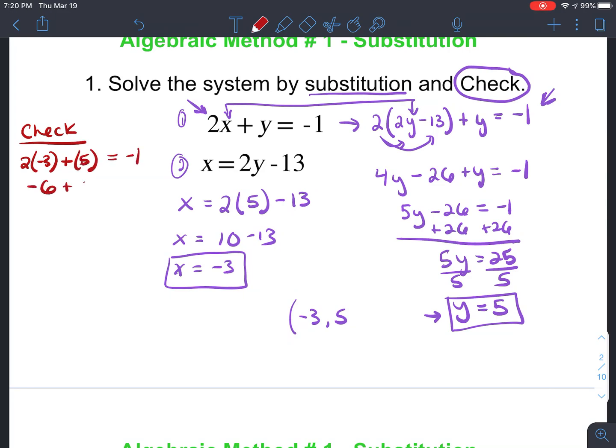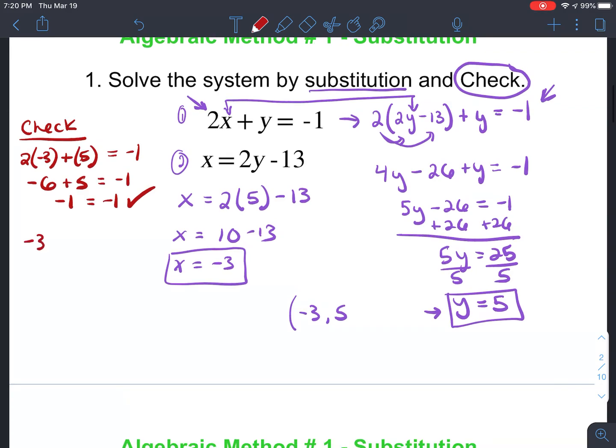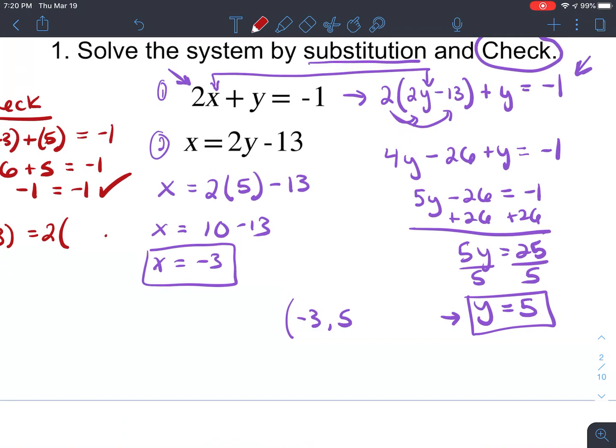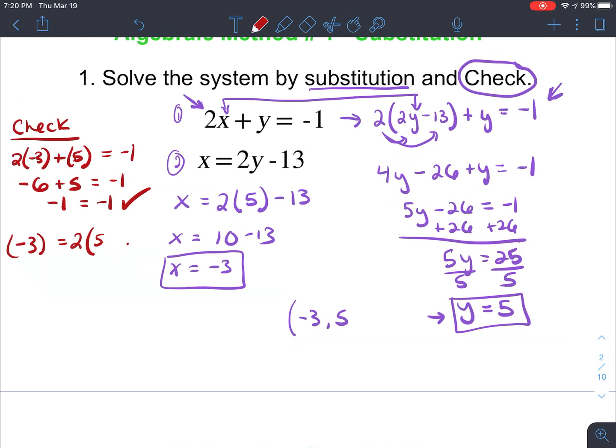So 2 times -3 is -6. -1 equals -1. Checks out. Check the second equation. My x value, which is -3, has to be equal to 2 times my y value, which is 5, minus 13. So -3 is equal to 10 minus 13. -3 is equal to -3.